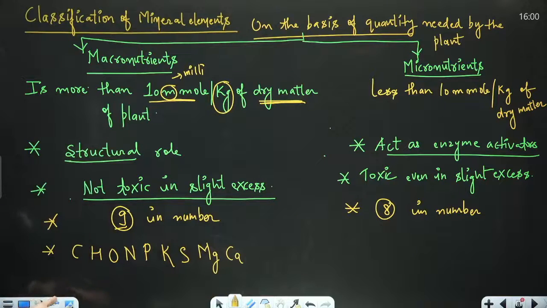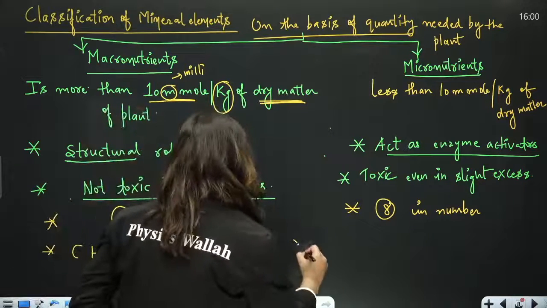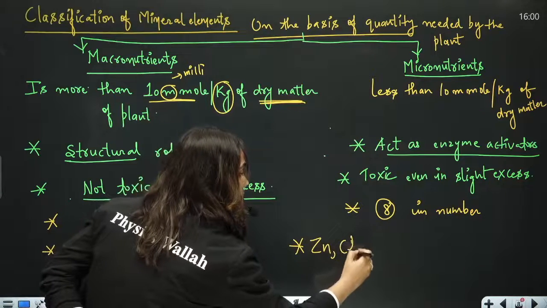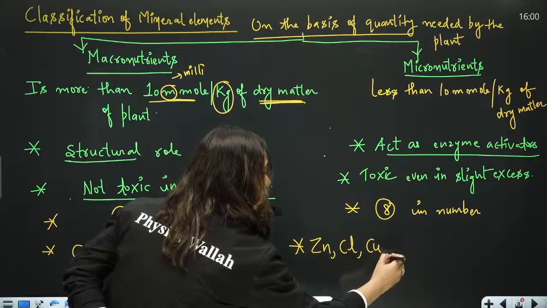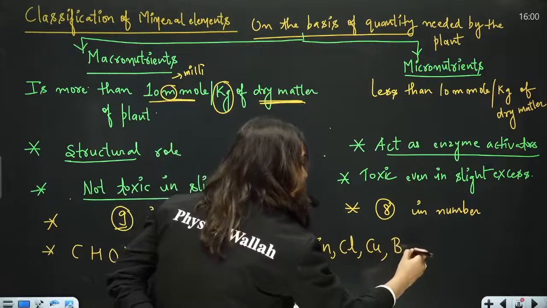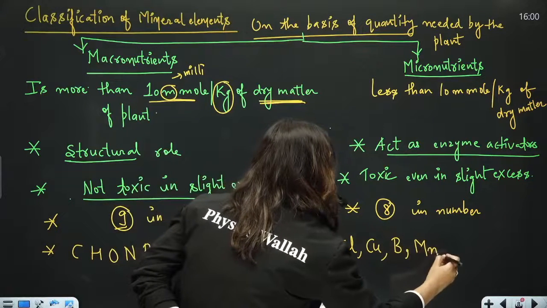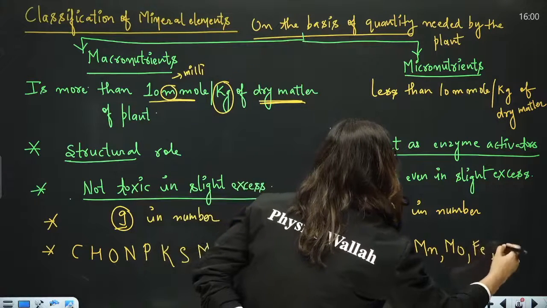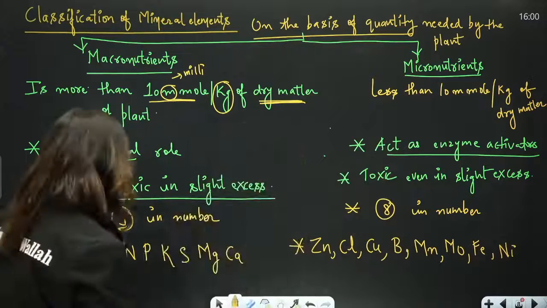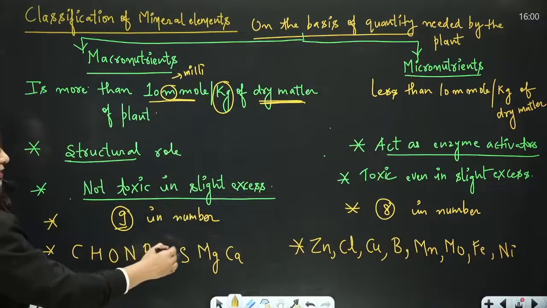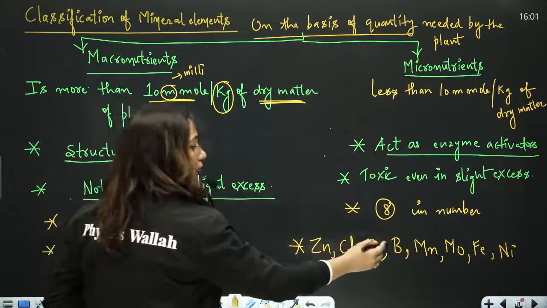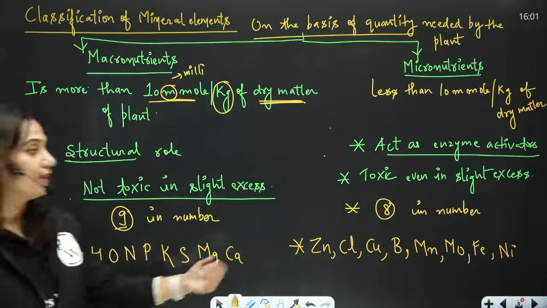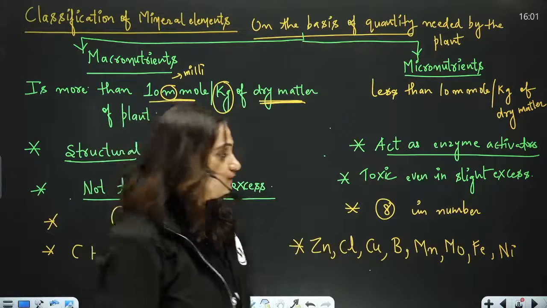And the micronutrients are zinc, chlorine, copper, boron, manganese, molybdenum, iron and nickel. Right? So 1, 2, 3, 4, 5, 6, 7, 8, 9. 1, 2, 3, 4, 5, 6, 7, 8. So these are the macronutrients and these are the micronutrients.